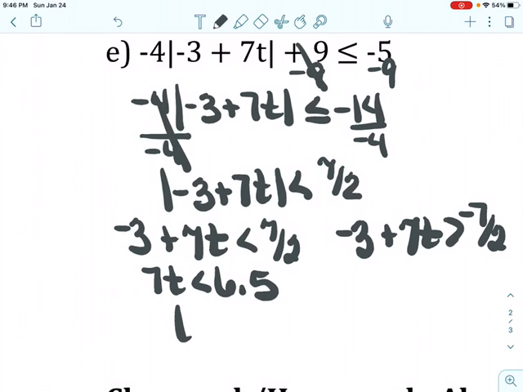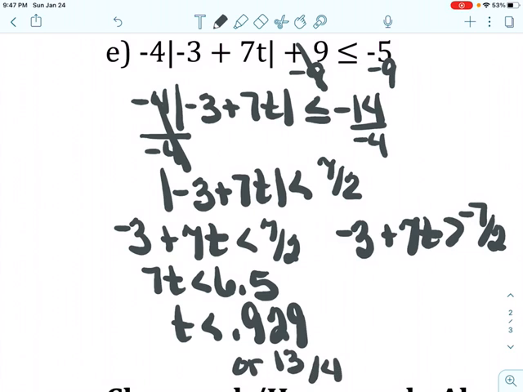All right, we're going to go for decimal route here. Divide by 7. Okay, is there 13/14? Or let's go with 13/14 for those of us who prefer fractions.